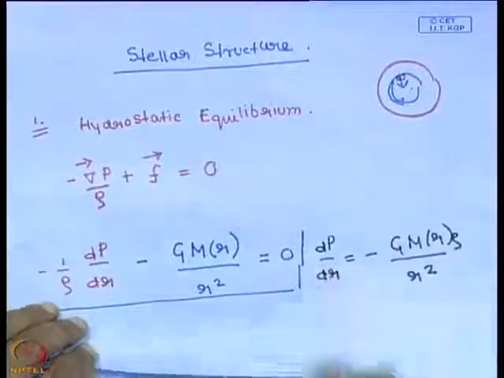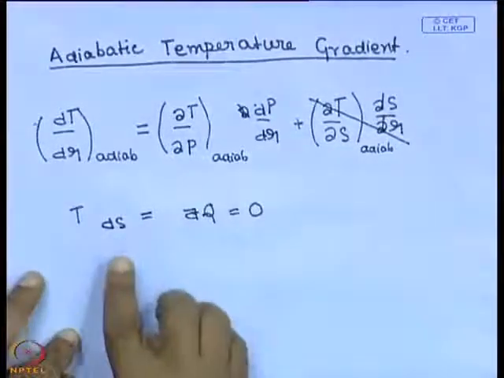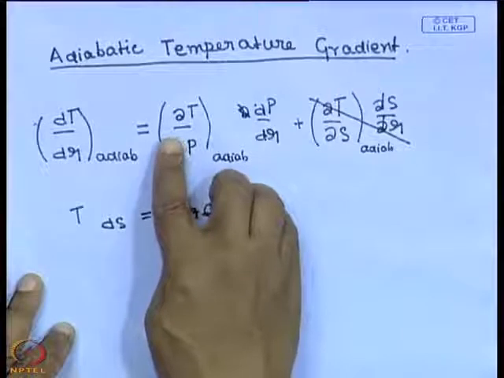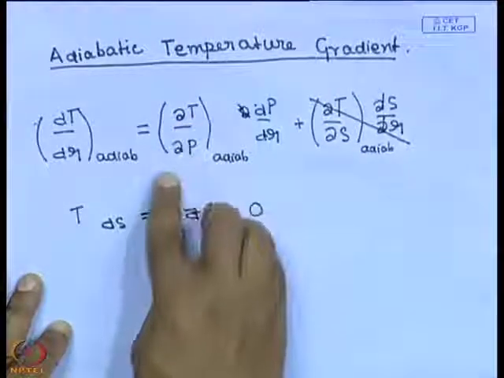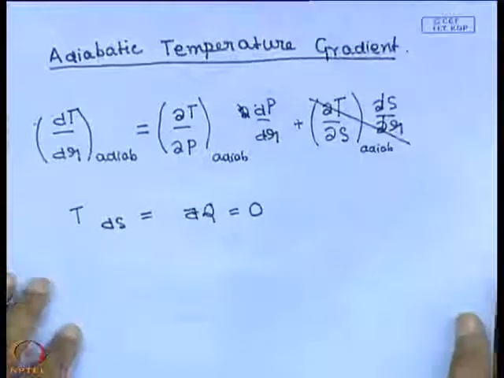So we can use this to calculate the pressure gradient. Let us now calculate the rate of change of temperature with respect to the pressure for an adiabatic transformation. We have already done this for a gas of photons. Let me now do it for a perfect gas of atoms.